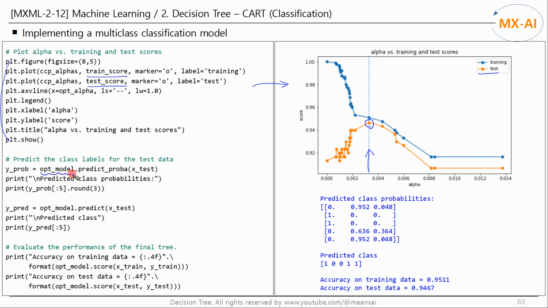Using the optimal model, we predict the classes of the test data. The model's predict_proba function gives the probability that each data sample belongs to each class. We can classify each sample as the class with the highest probability. For example, for the first test sample, the probability of class 0 is 0%. The probability of class 1 is 95.2%. And the probability of class 2 is 4.8%.